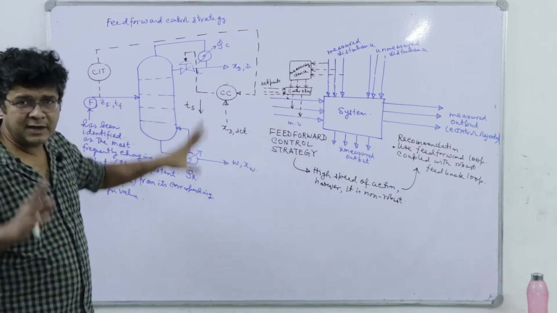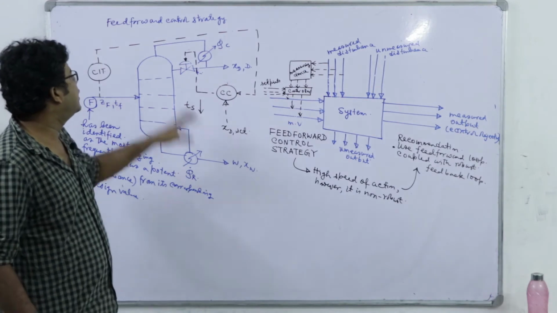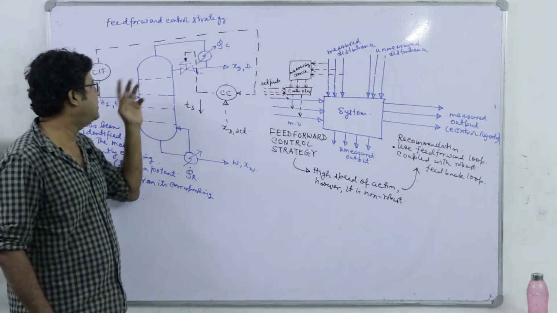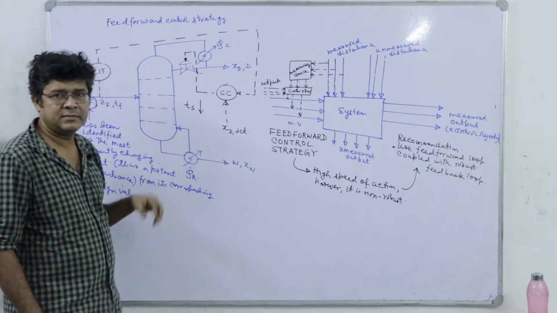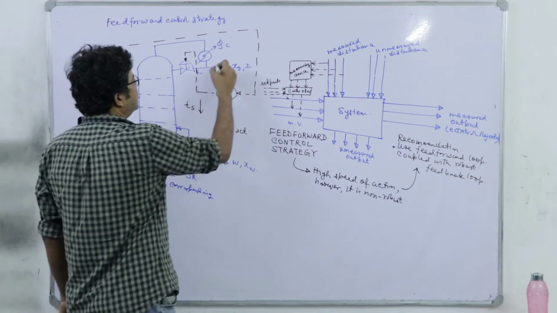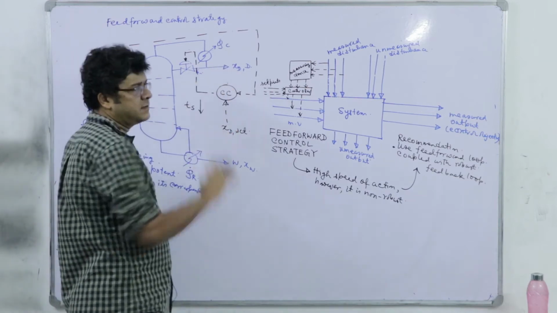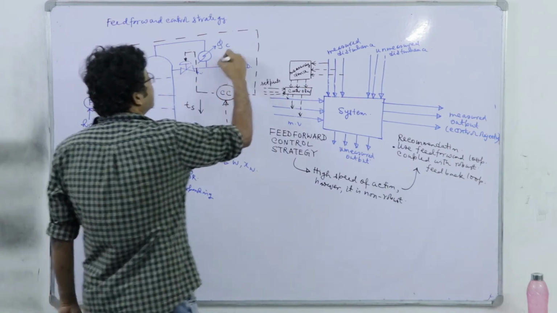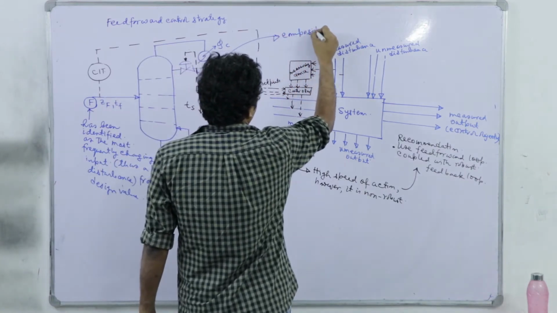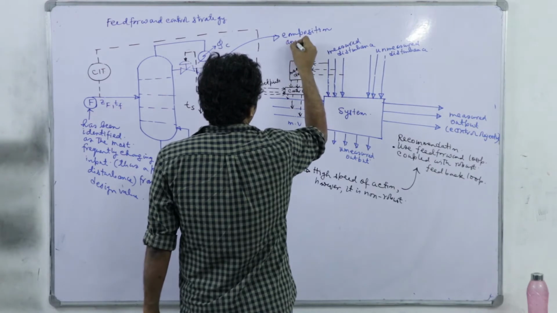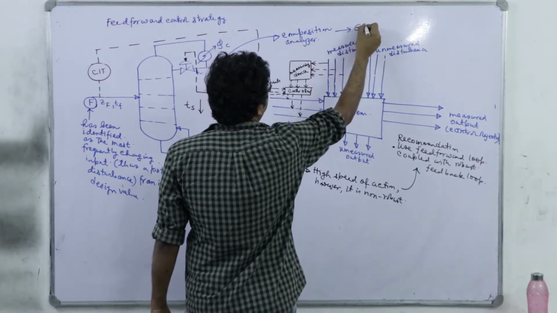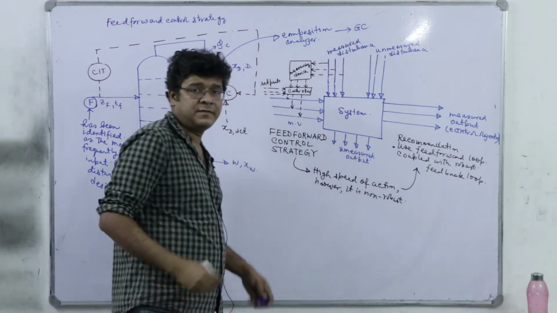here let's think of a practical problem. Now, we have stated that it is pentane and hexane, right. So how are we going to measure it? Okay. If I am going to measure this composition, the analyzer must be a GC, a gas chromatograph.